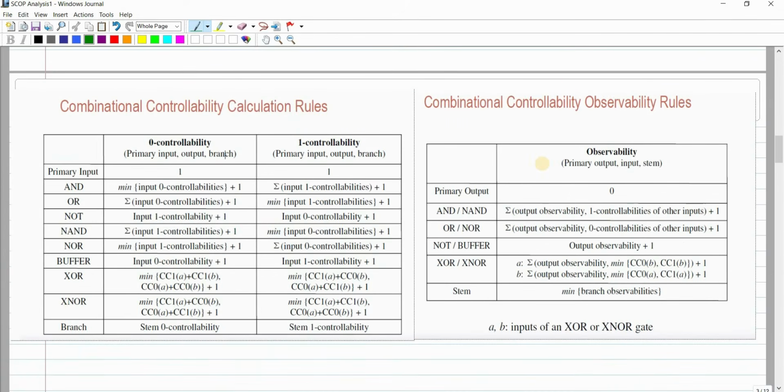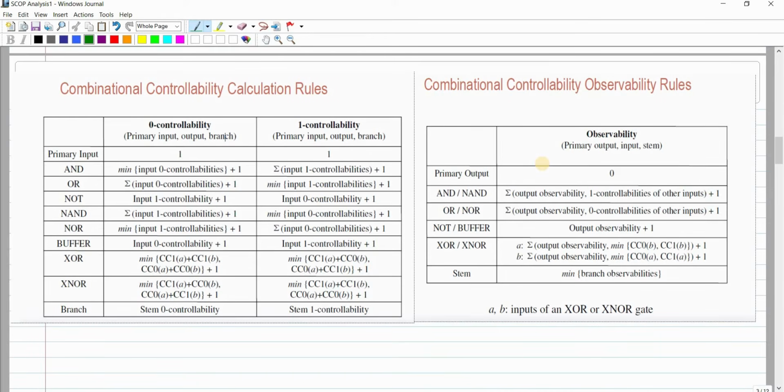Fine. So these are the rules. In order to solve the problems, these 2 tables are very important, so let me discuss these tables. Combinational controllability calculation rules.